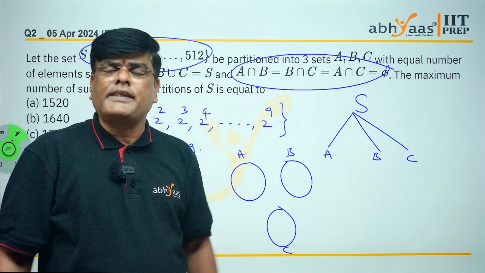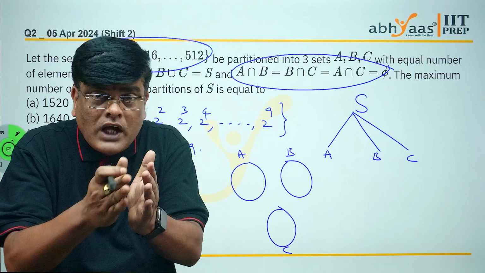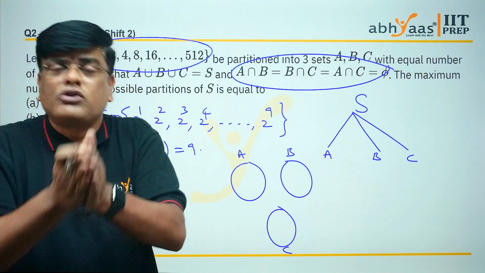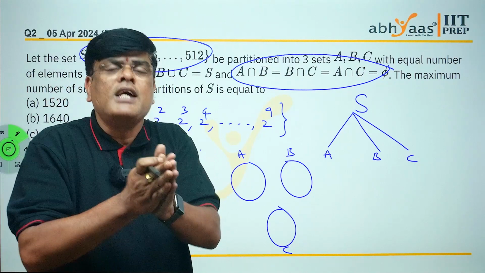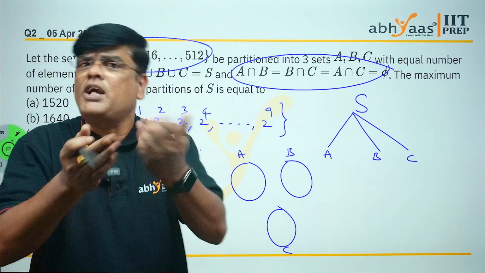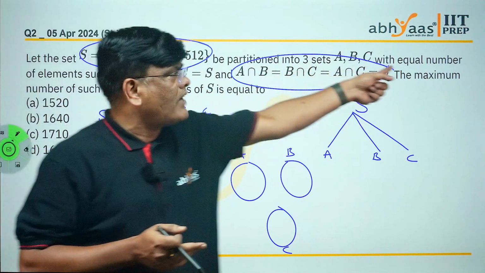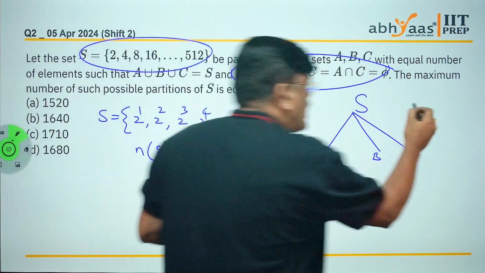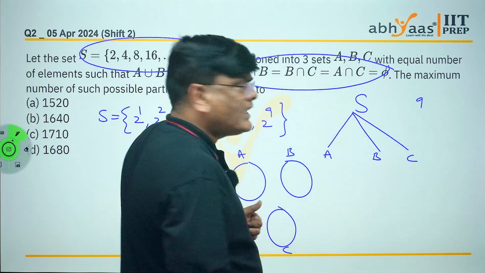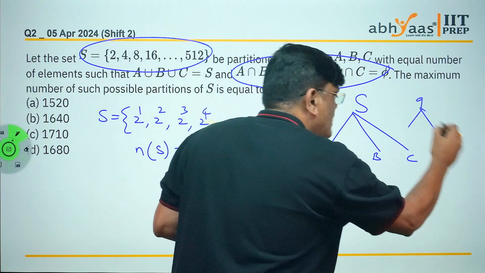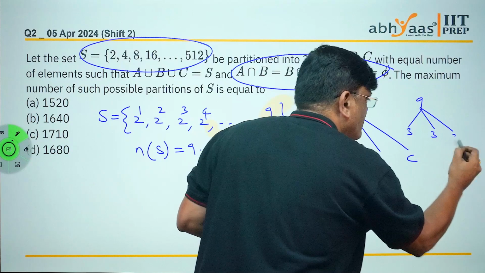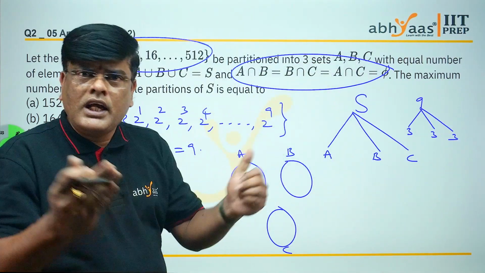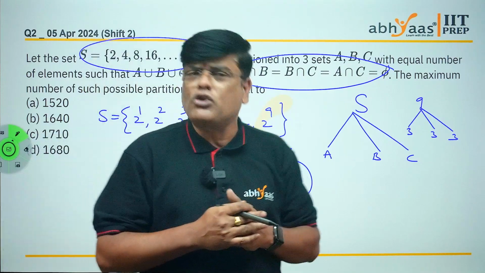Now what does it indicate? Here we are dividing the elements of S into 3 equal parts, so in each set A, B, C, the number of elements will be equal to 3. Already in the question they have given equal number of elements. That means there are a total of 9 elements in the set S, and I want to divide these 9 elements into 3, 3, 3 for set A, set B and set C. Already in the previous session also I explained the division rule.